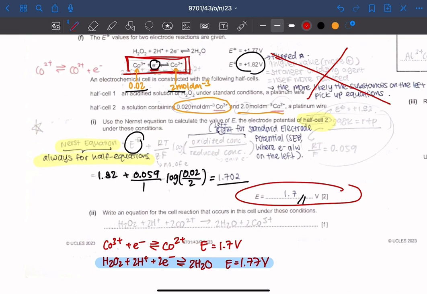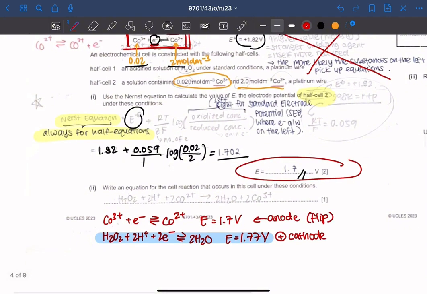Because this equation has the more positive E naught value, it shows that it is the cathode. And because this is the anode, we should flip the equation.